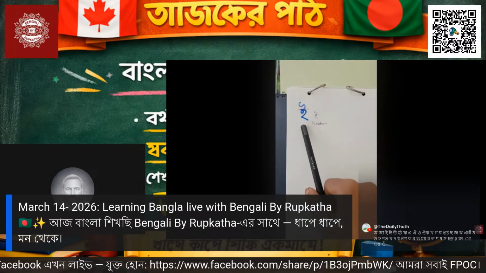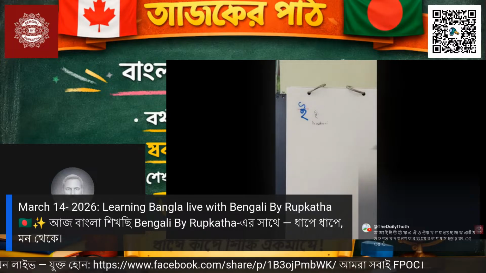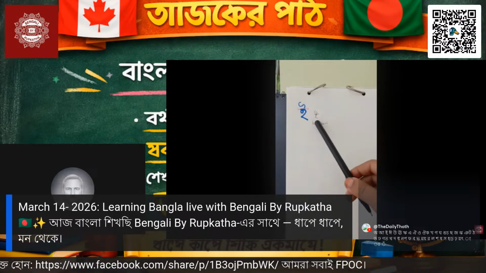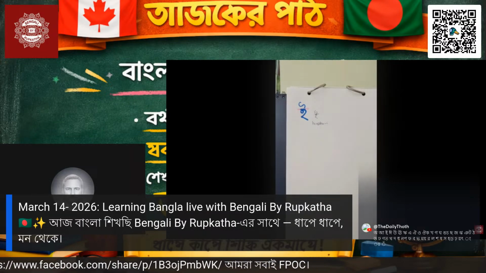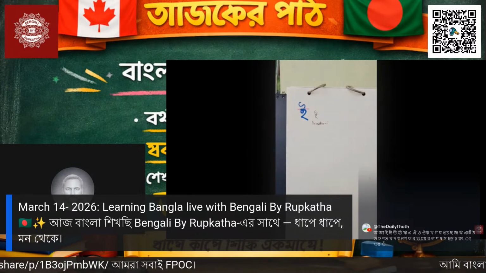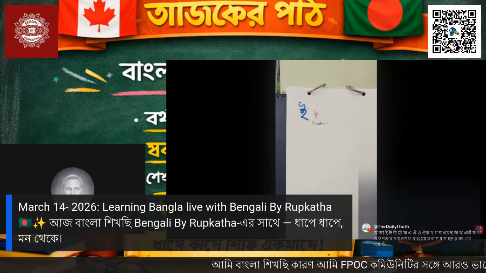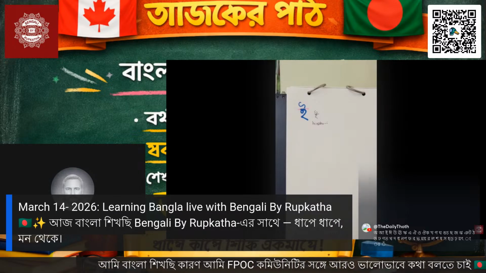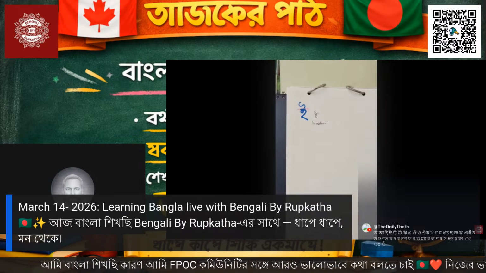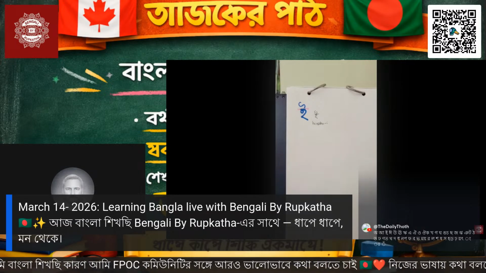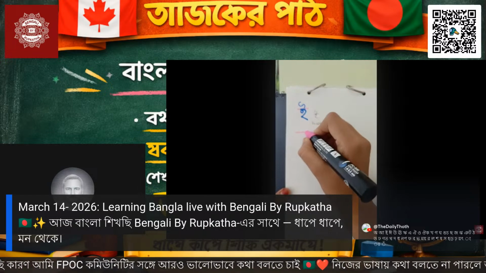This is a short E. We have another longer E, which is like E, and this is E. If you remember, all Shorovarno have something called kar chinno, which is the marks of the Shorovarnos used on Banjonborno. So we'll see some of those in a while. For now, let's write a word that has this in it.